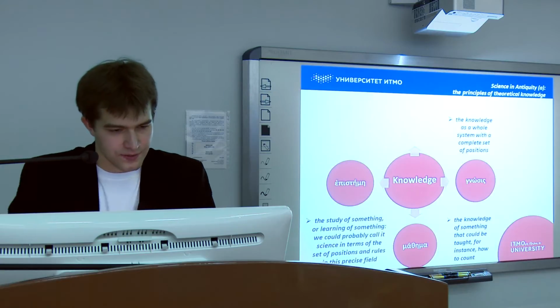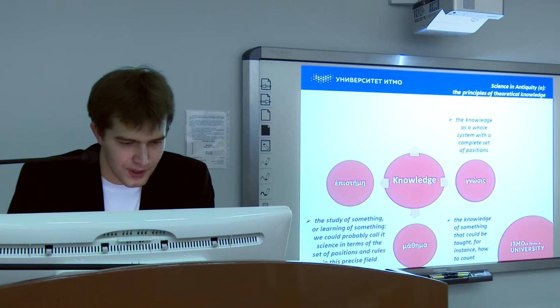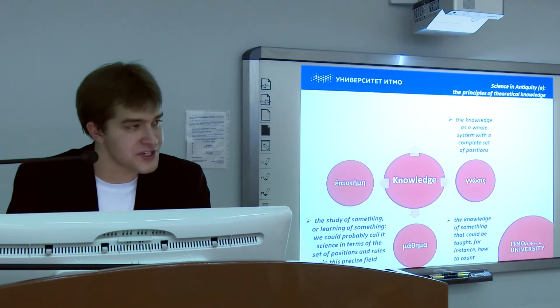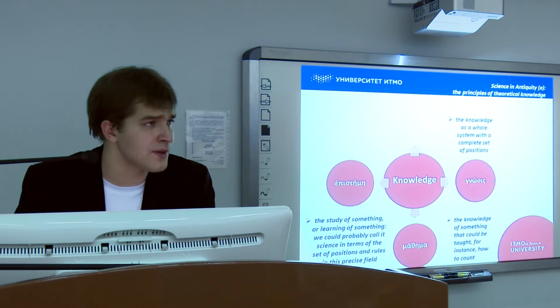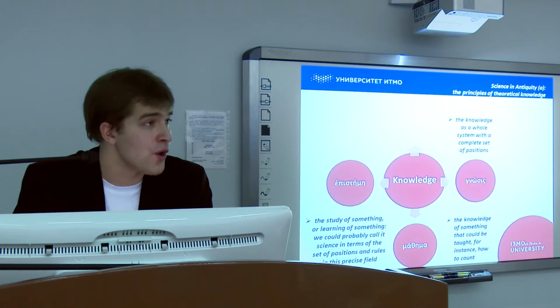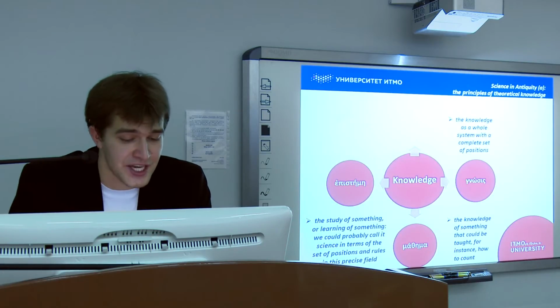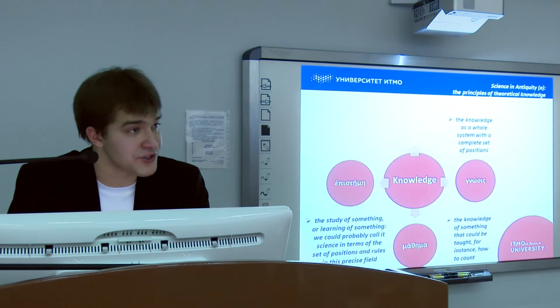And the next term that could be mentioned here is episteme. And by this, the Greeks meant the study of something or learning of something. So we could probably call it science in terms of the set of positions and rules in a precise field.